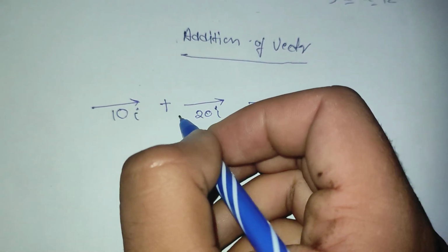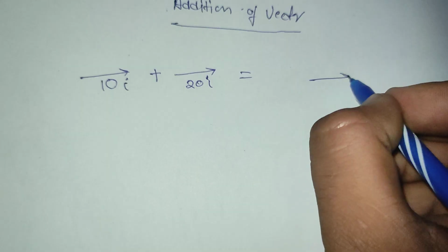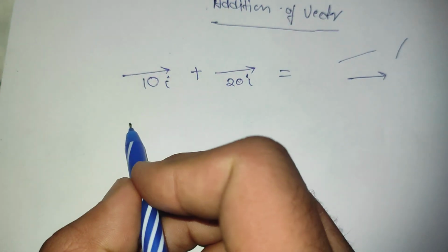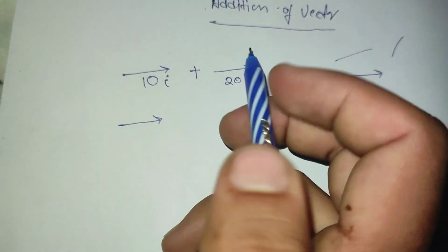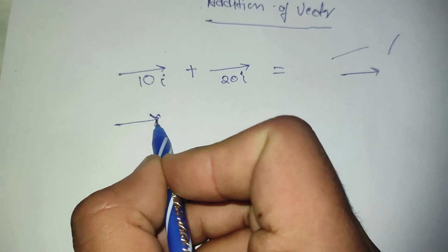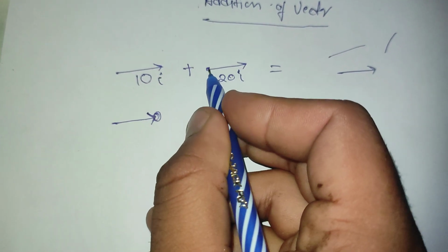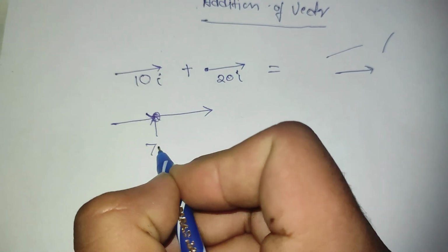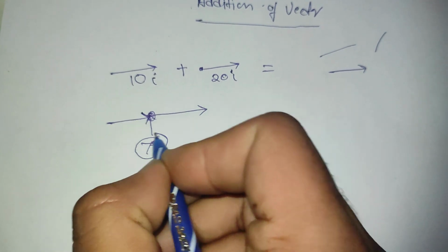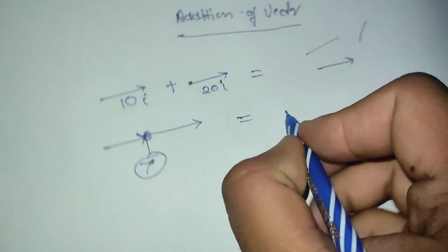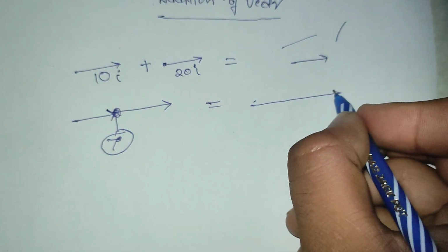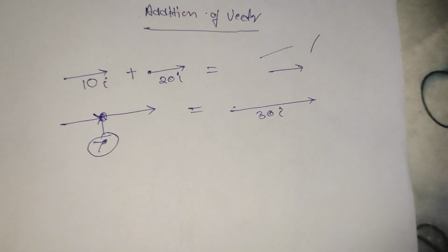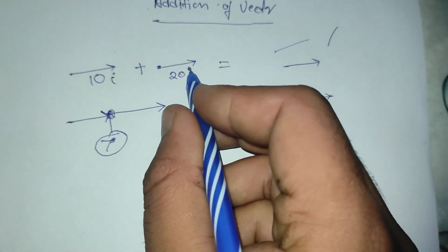I'm not using the triangle law here, because the triangle law says you add the head of one vector with the tail of the second vector. So here you add head with tail, and the resultant vector becomes 30 i cap. Okay, so the same applies if I have i, j, k.